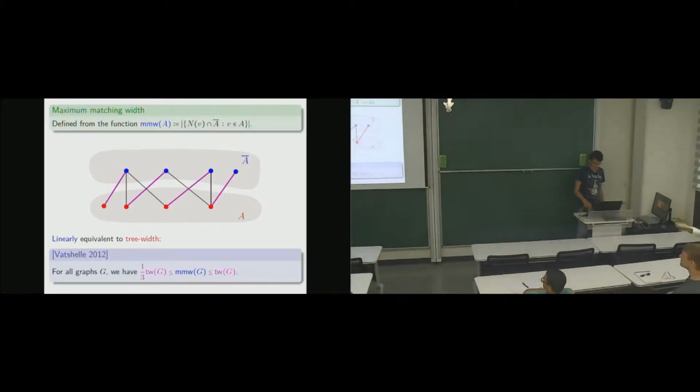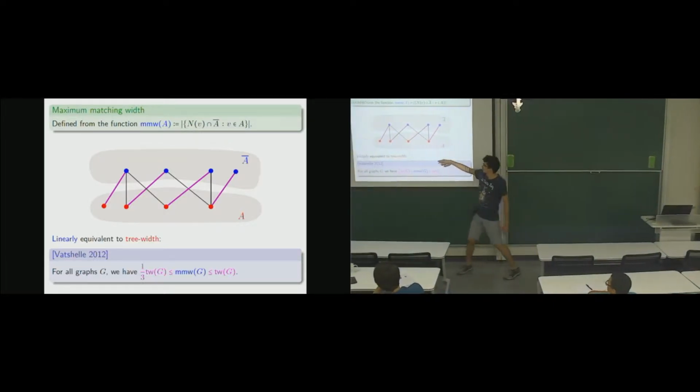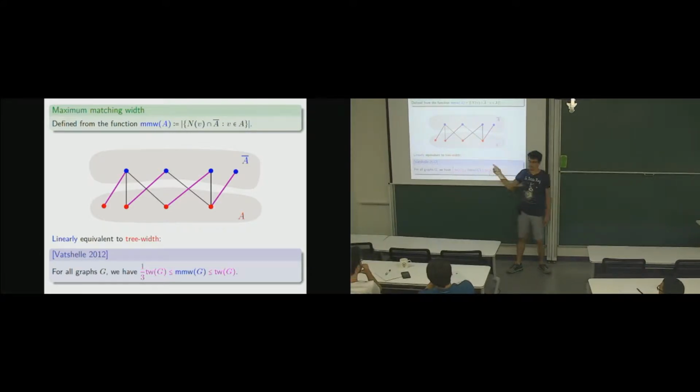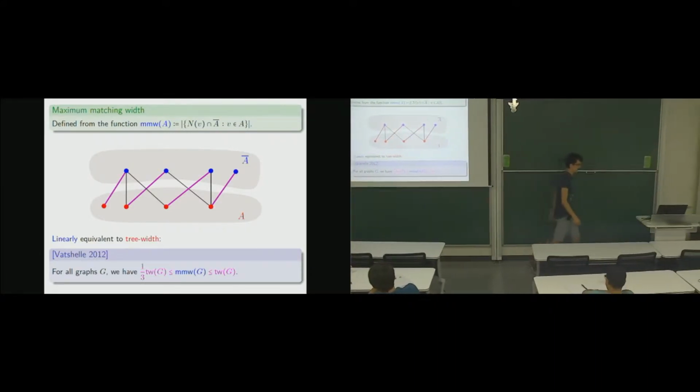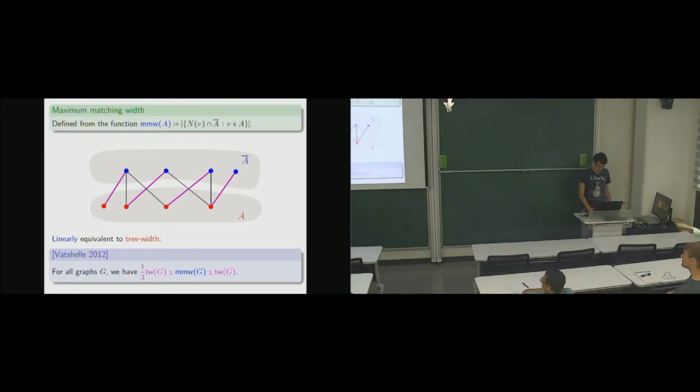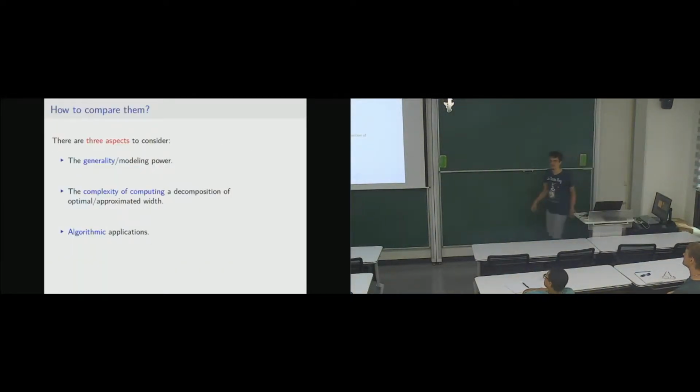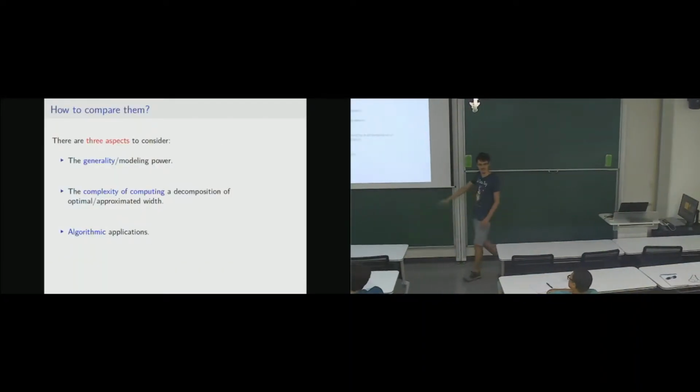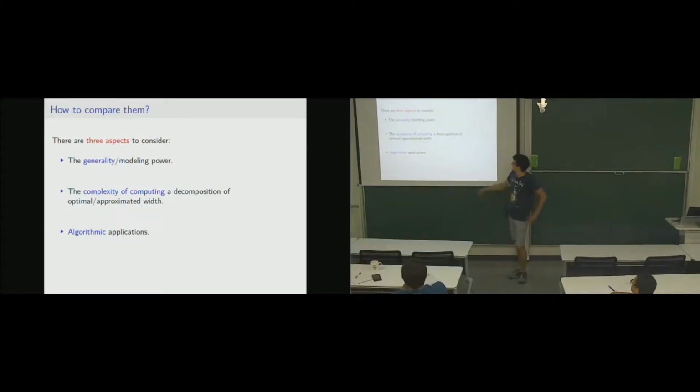And there is also one for fun, maximum matching width. If we take the size of a maximum matching, you get a parameter which is linearly equivalent to treewidth. You have these inequalities. So this is very nice, I could continue for long.